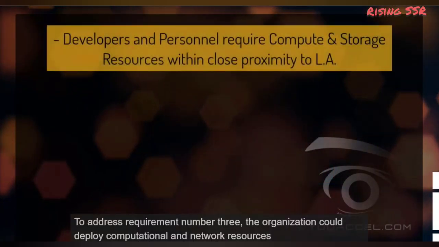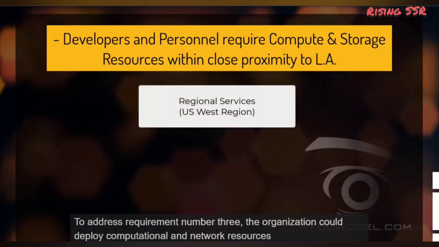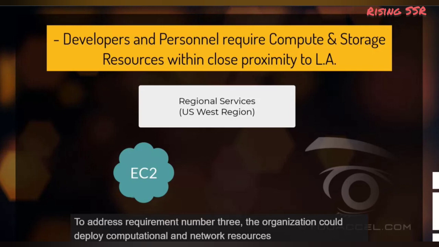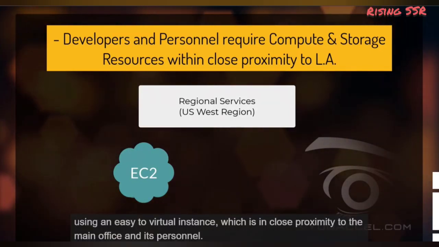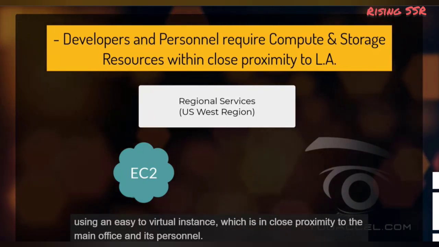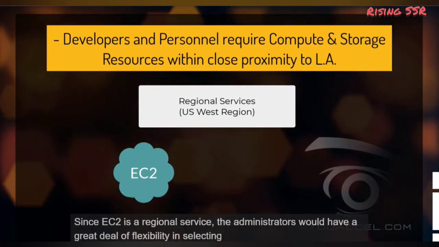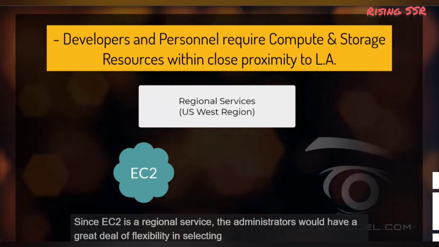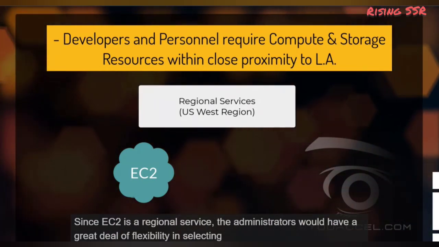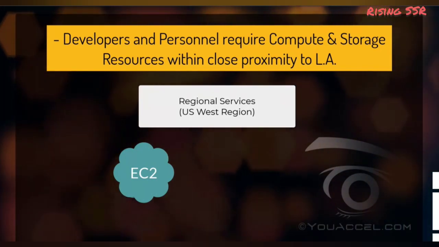To address requirement number 3, the organization could deploy computational and network resources using an EC2 virtual instance, which is in close proximity to the main office and its personnel. Since EC2 is a regional service, the administrators would have a great deal of flexibility in selecting a data center that's right for them.